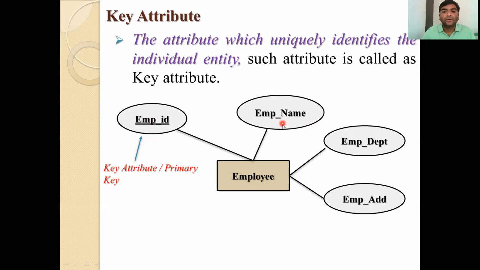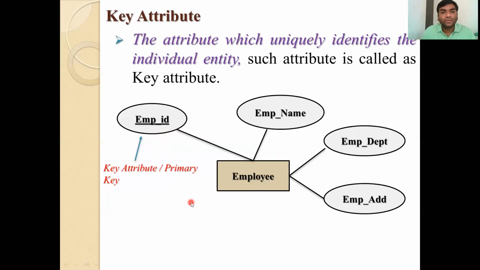You cannot refer to the remaining attributes as key attributes, because another employee may have the same name, a lot of employees may have the same department, and the address may also be the same. So only employee ID is the attribute from which we can uniquely identify that particular employee. Such an attribute is known as the key attribute or the primary key.